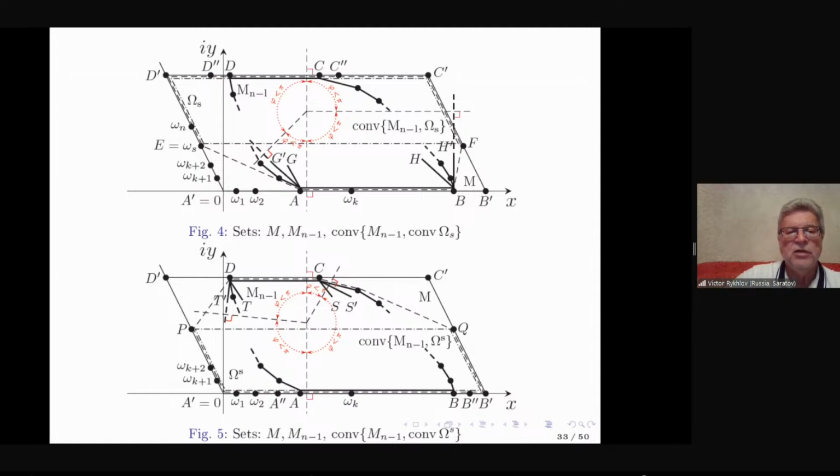The polygon A, B, C, D is the polygon M n minus L, and A and B lie on the line A prime, B prime, and D, C lie on the long side D prime, C prime.